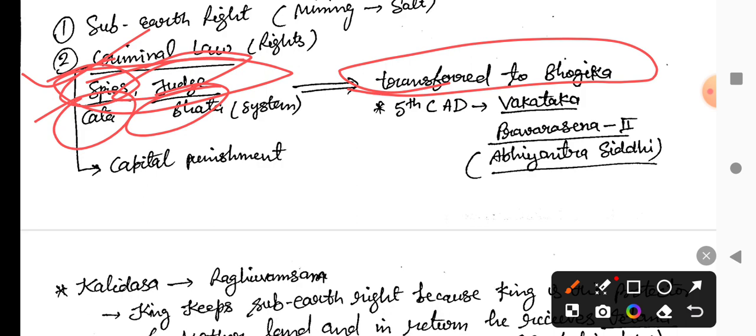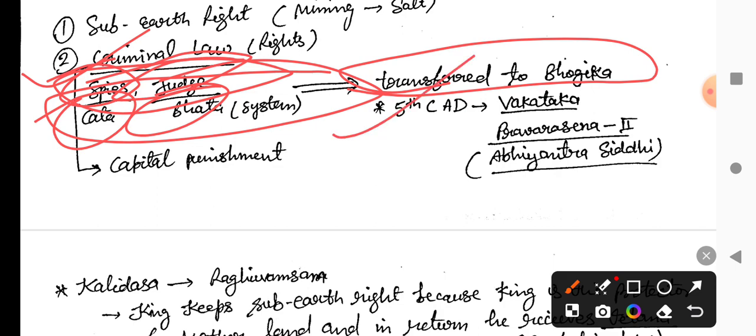It was prevalent in the 5th century AD during the Vakataka dynasty, and Pravarasena II was the king who created this chat-bhat system.